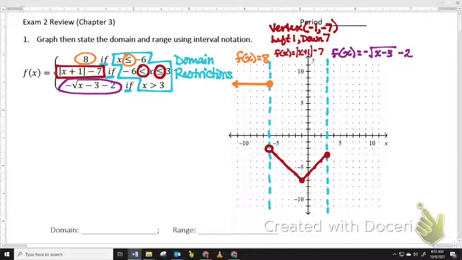So compared to the parent, this has been shifted right 3, down 2, and reflected over the x-axis. So it has a vertex of 3, -2.